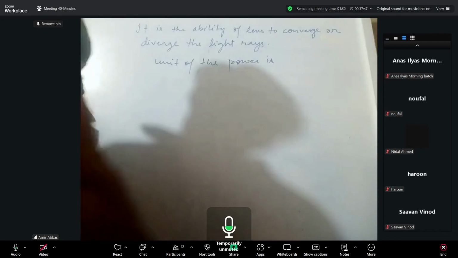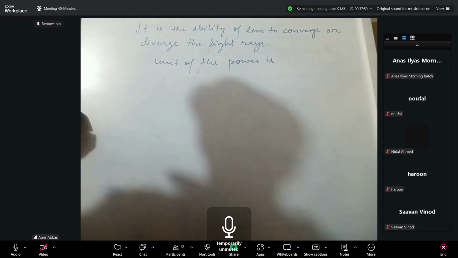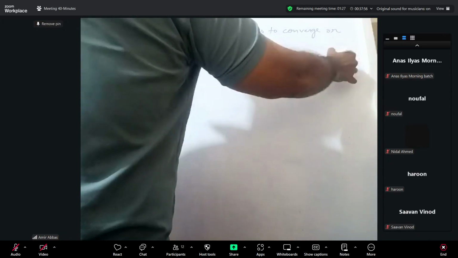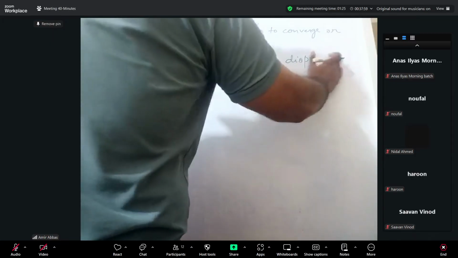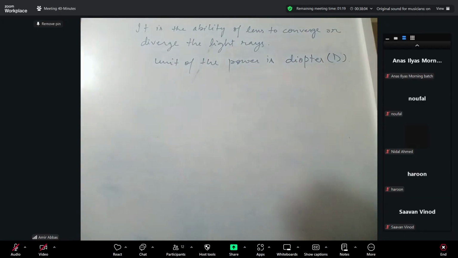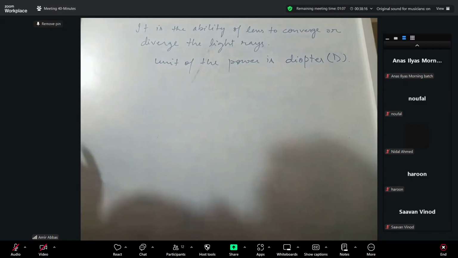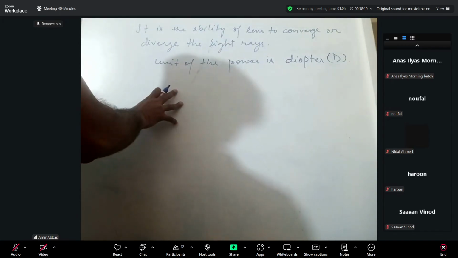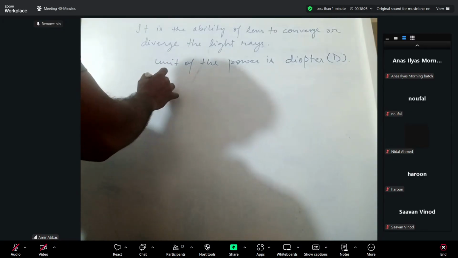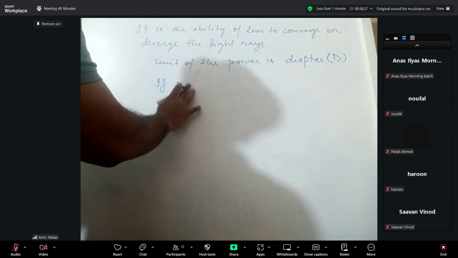What is the unit of power? Diopter, represented by capital D. By observing the power, you can find the nature of the lens.